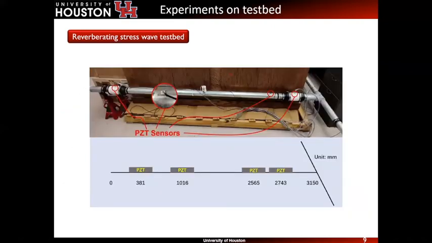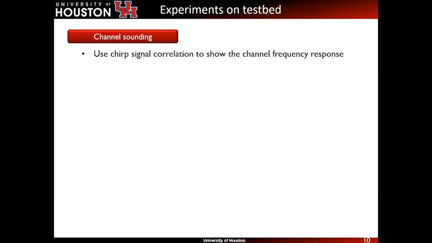Next, we build our testbed in the lab with a T-shaped steel pipe. The piezoelectric transducers are placed along the pipe longitudinal axis, and their coordinates are shown in the bottom figure. We use a chirp signal to sound this channel, and we sweep the frequency from 100 to 500 kilohertz.